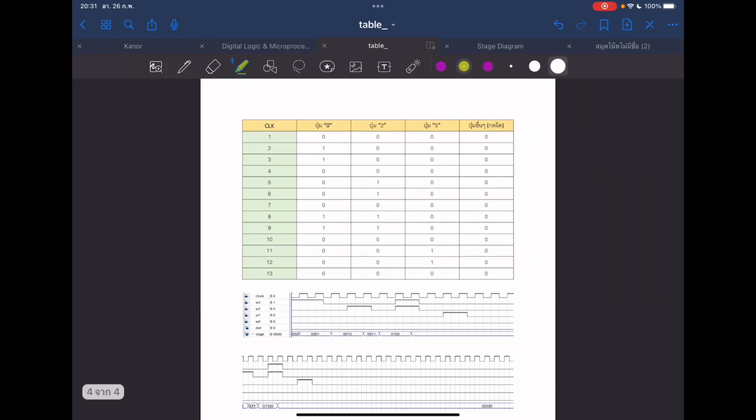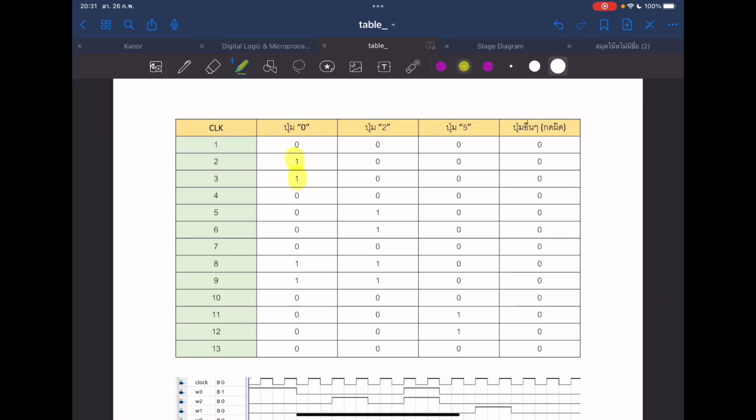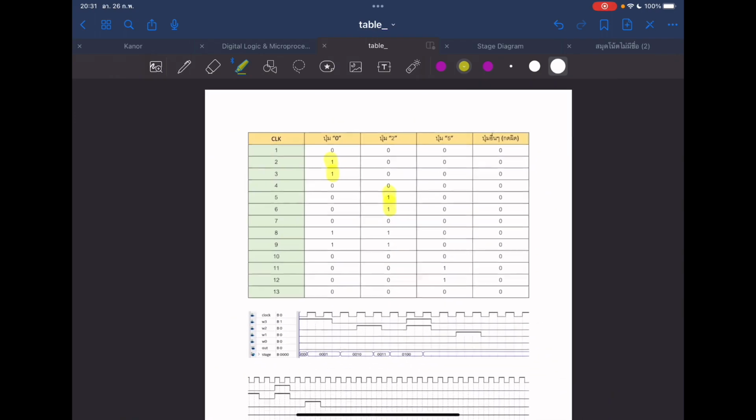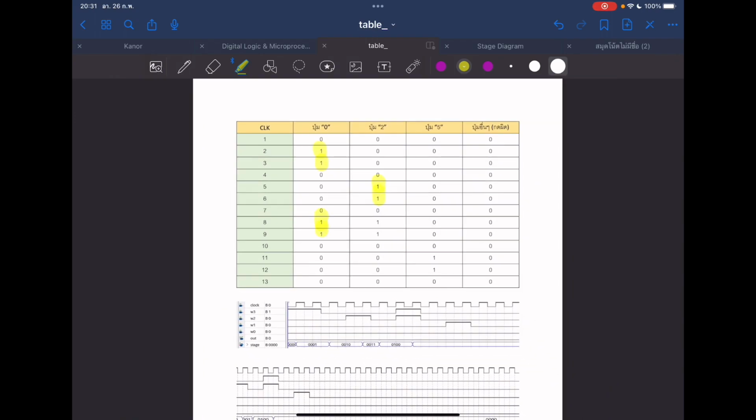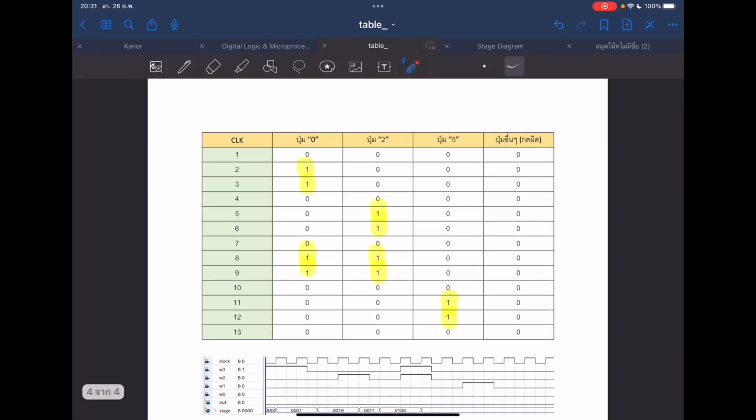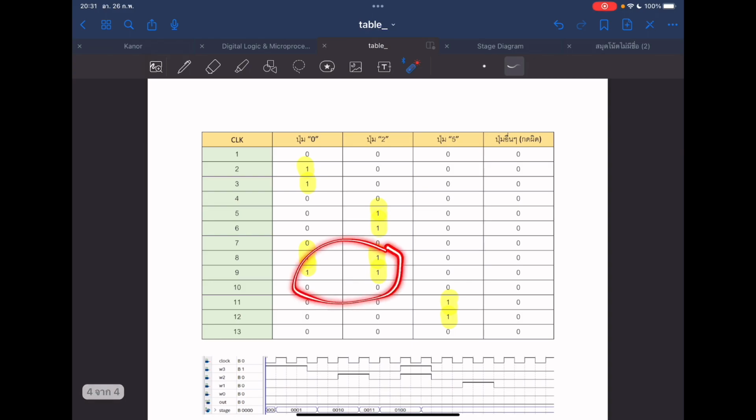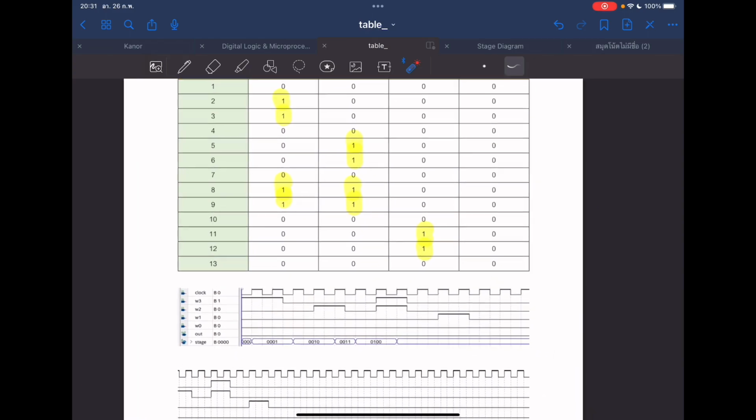So this is right. And 0, we press 0 to 0 like this. So we press 2 buttons at the same time, so it should go back to stage 0.